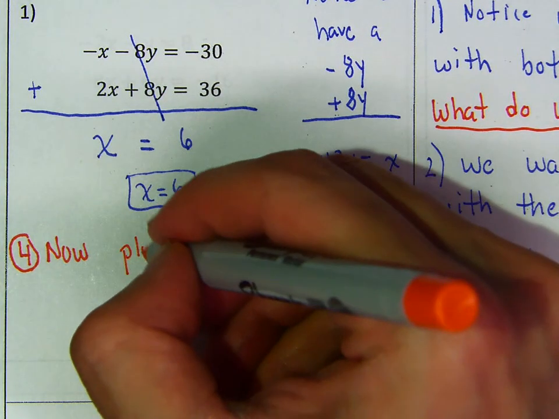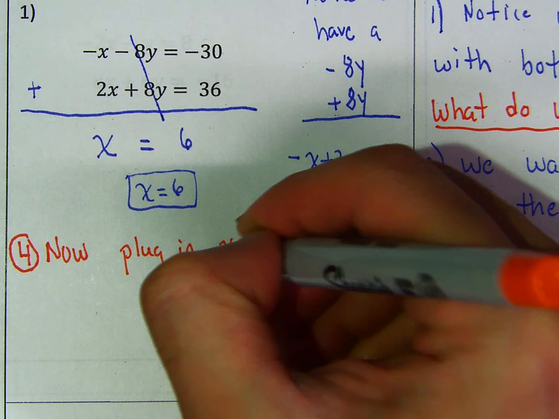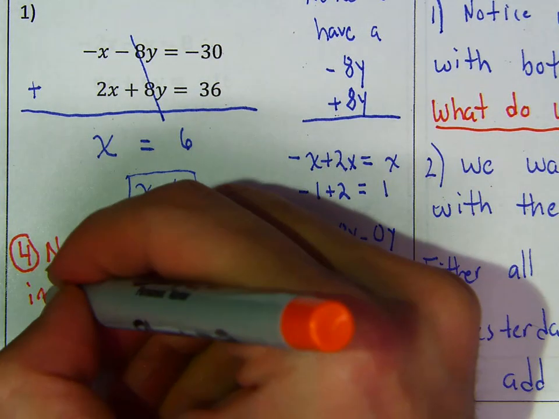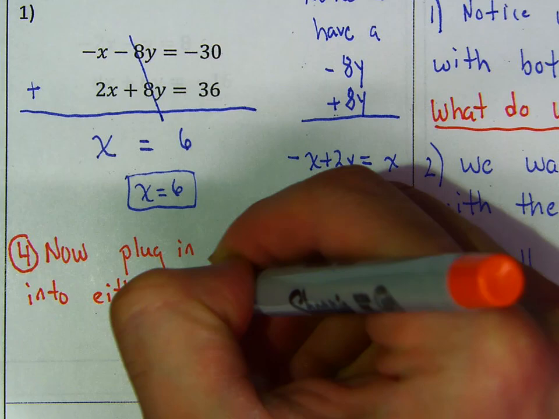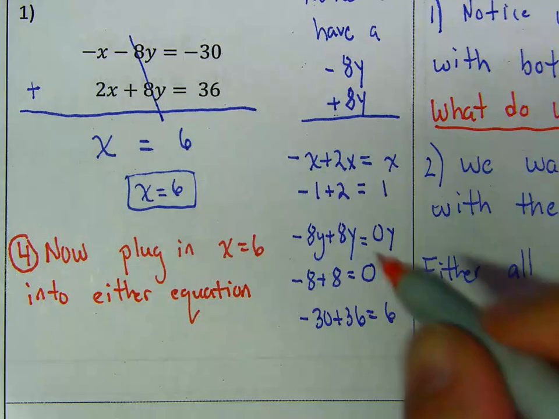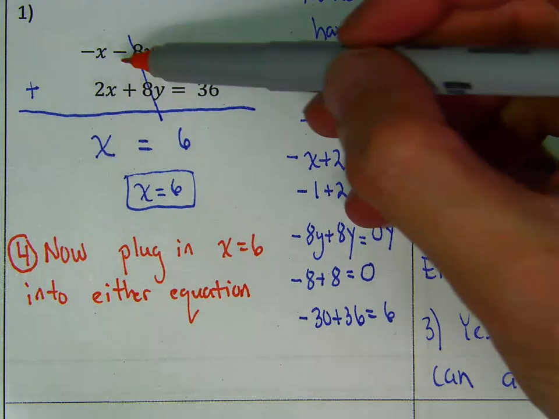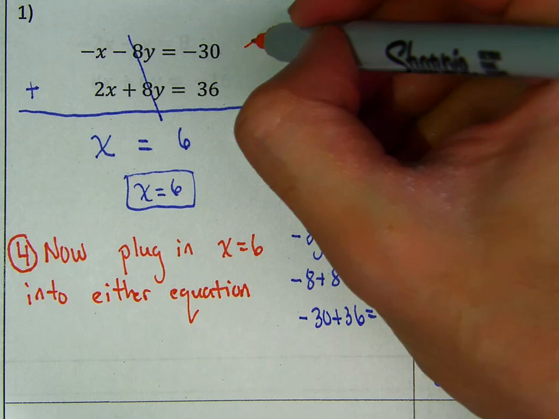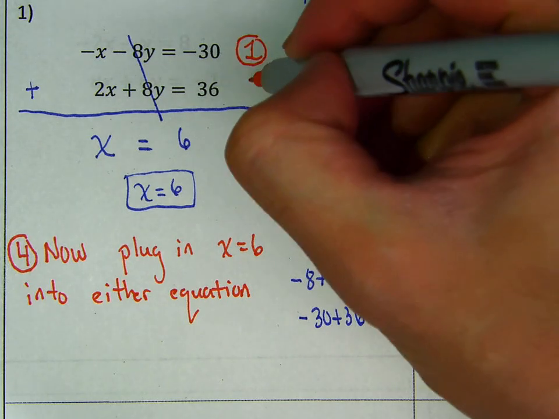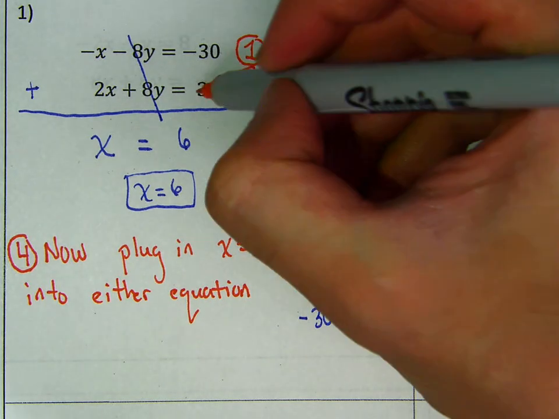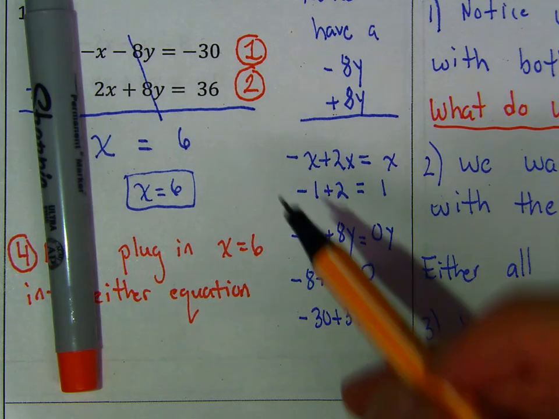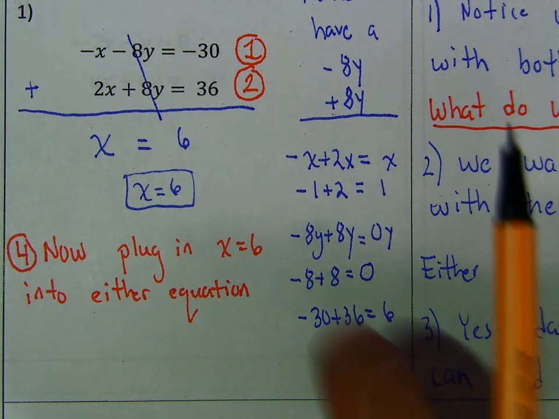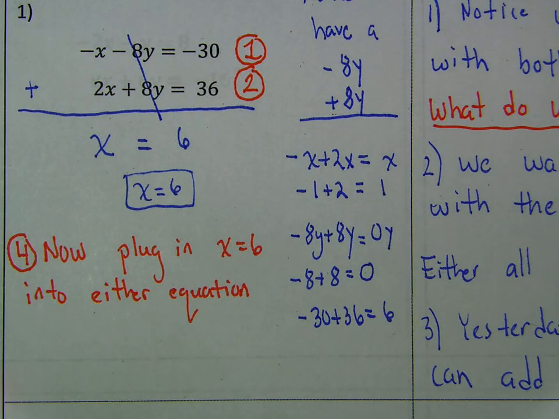Now, plug in x equals 6 into either equation. You want to plug in this x equals 6 into the first equation, right? We could say the first equation over here or the second equation over here. It won't matter, right? So what you're going to do is, here, it plugs in, hold on one second.